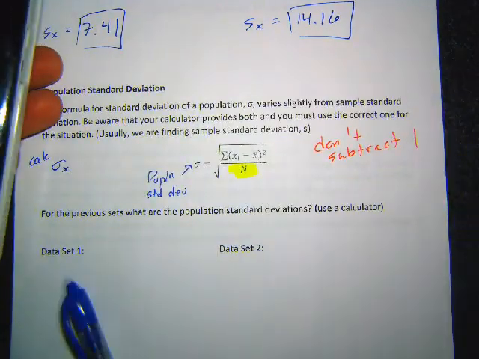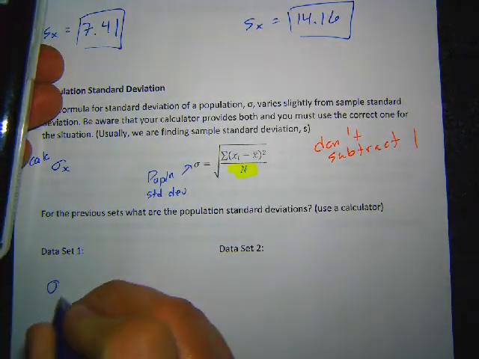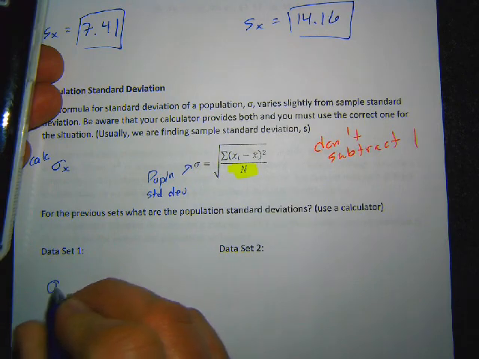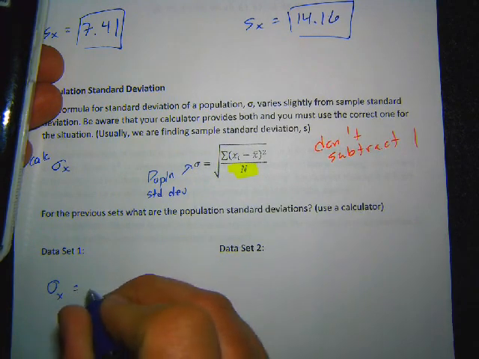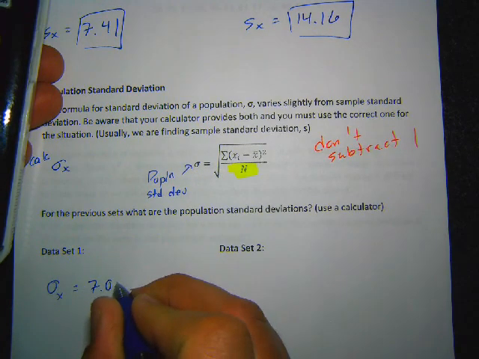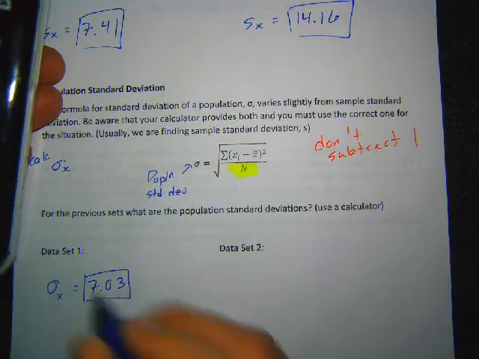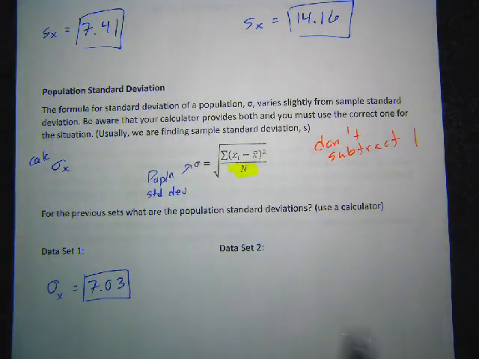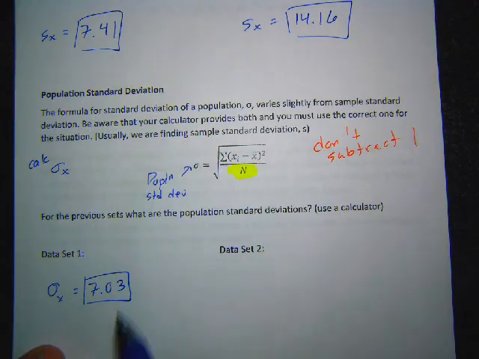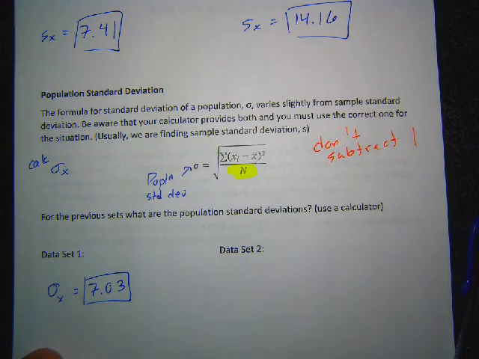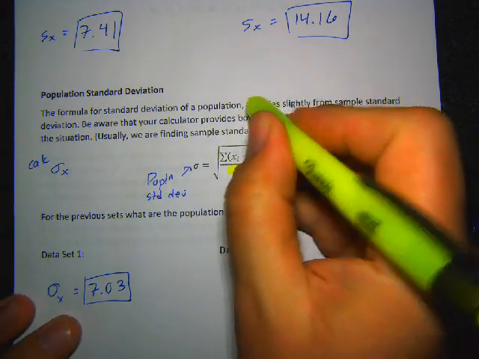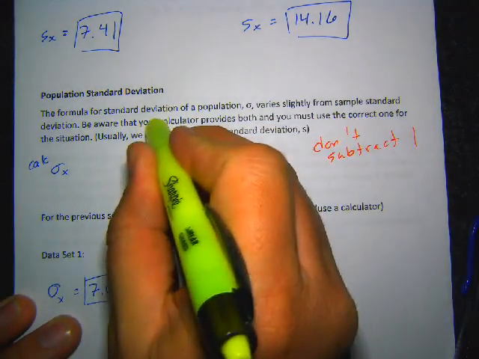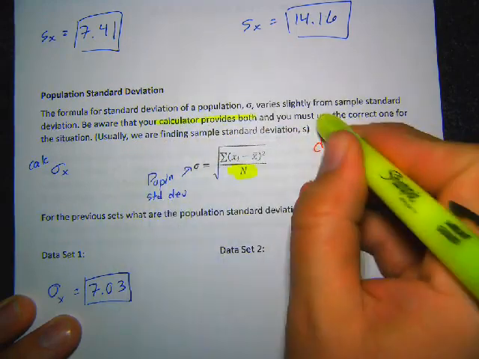So for data set 1, the population standard deviation is 7.03 is what it rounds to, because the 8 rounds it up to a 3. So it's a little different from 7.41 to 7.03, just a little bit of a difference. But again, that's because we have a calculator. We can do that. So use your calculator, it provides both, just use the correct one.